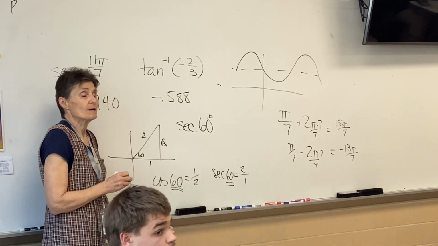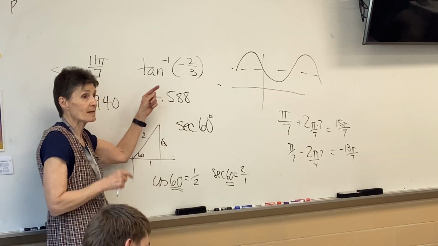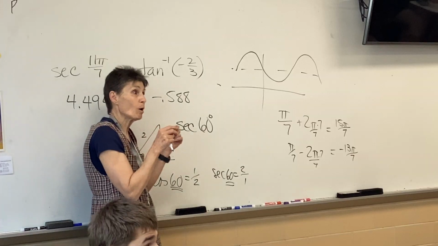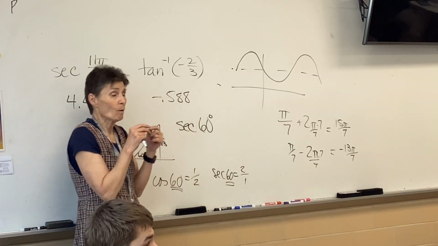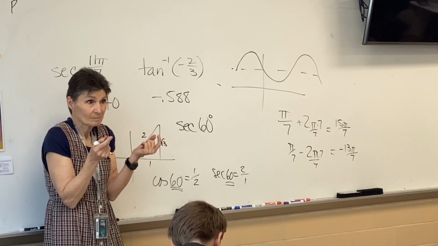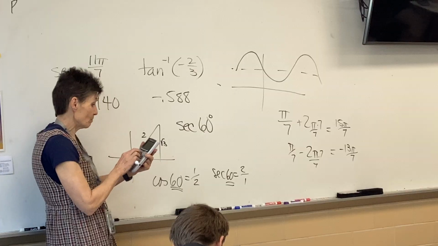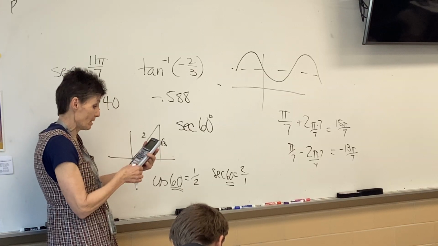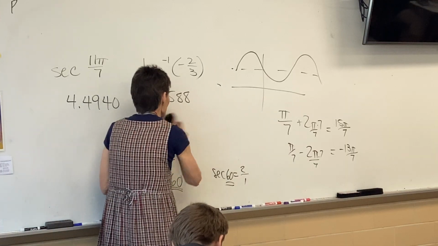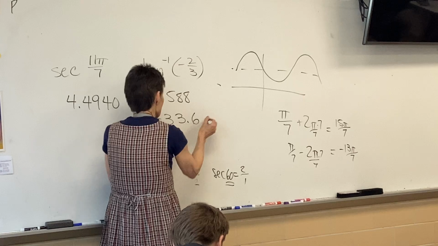Now, somebody said a minute ago that when I see this notation, it means I'm finding an angle. There is nothing in the problem that tells me whether that angle should be in radians or degrees. So this would be the radian measure. Could I move my calculator into degree mode and get negative 33.690 degrees?